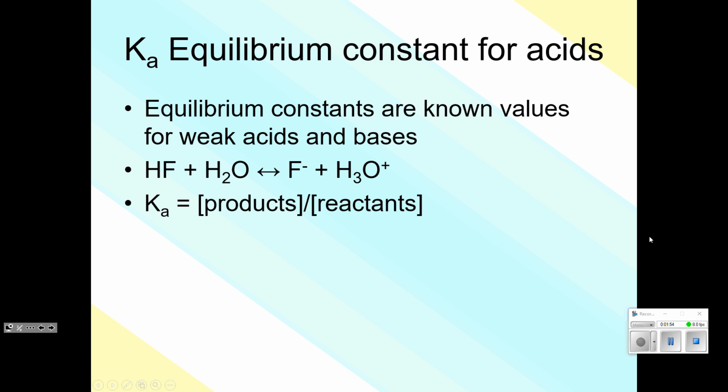And remember, to solve for K, it's the concentration of the products divided by the concentration of the reactants. However, water is not an aqueous thing. Water is a pure thing.